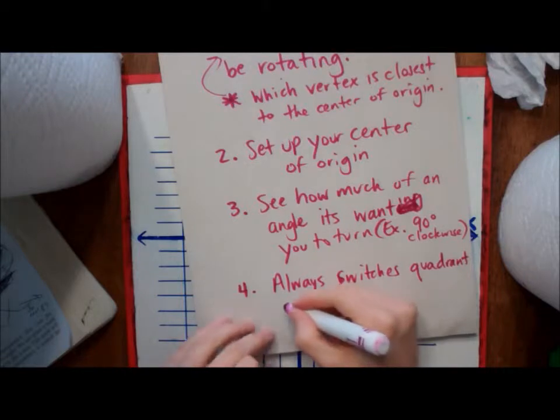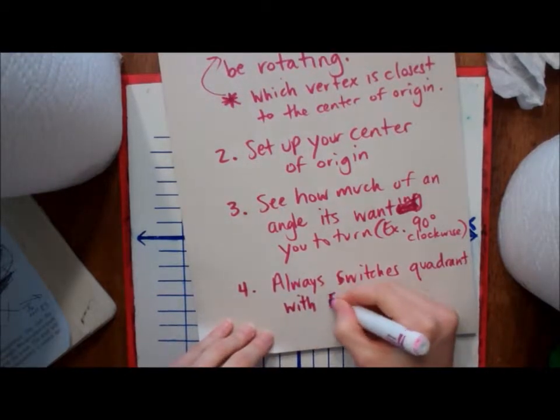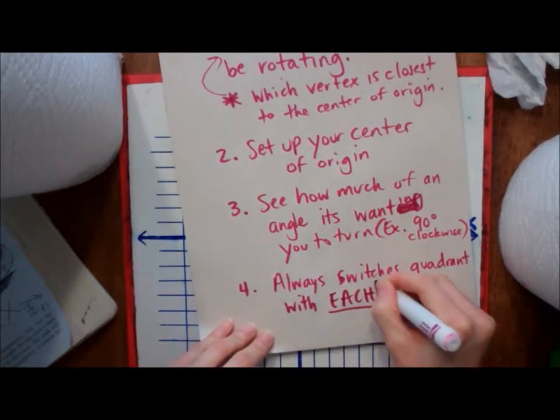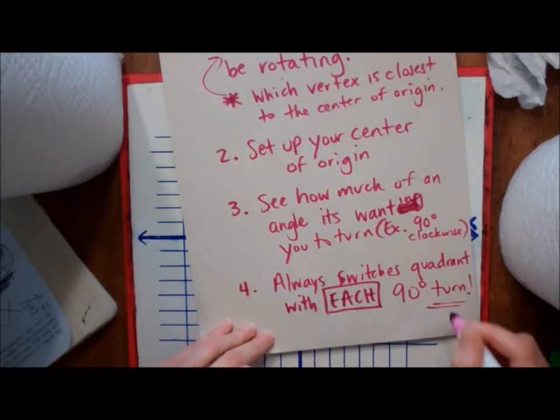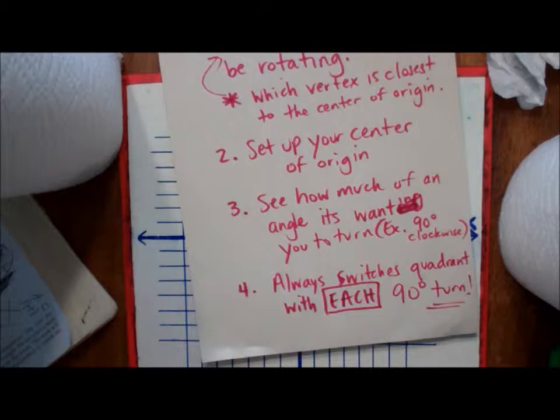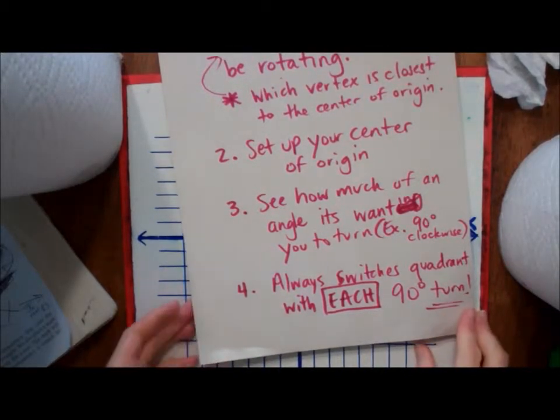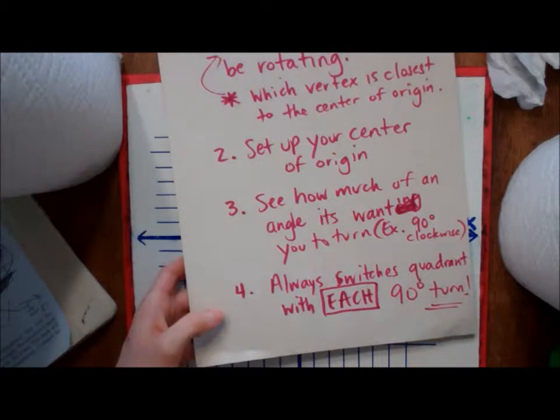With each, this is important, each 90-degree turn, whether it's counterclockwise or clockwise. I want you to write all that down and it'll all make sense in just a minute. Hopefully you're writing it all down. Alright. Hopefully that's been enough time.